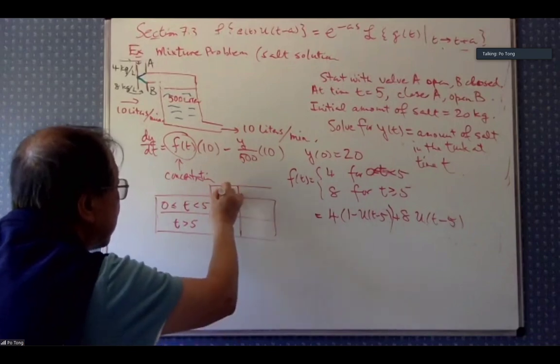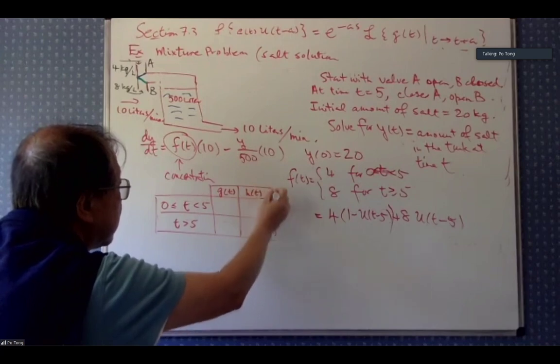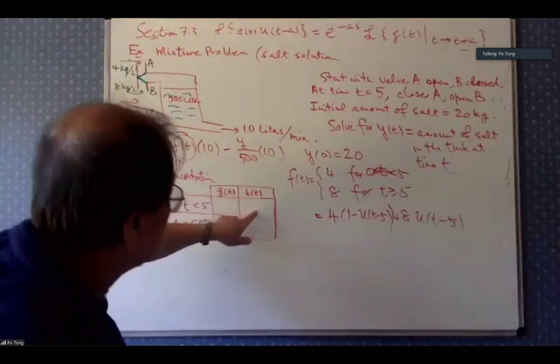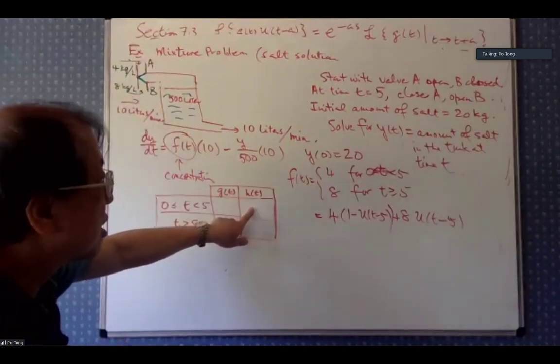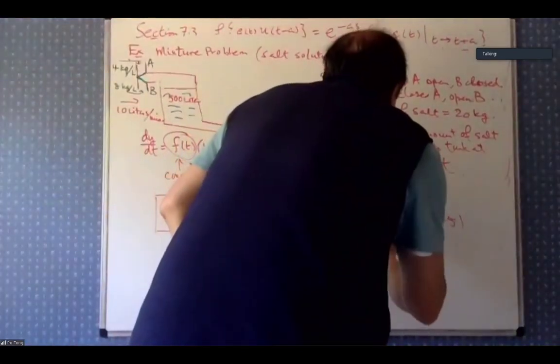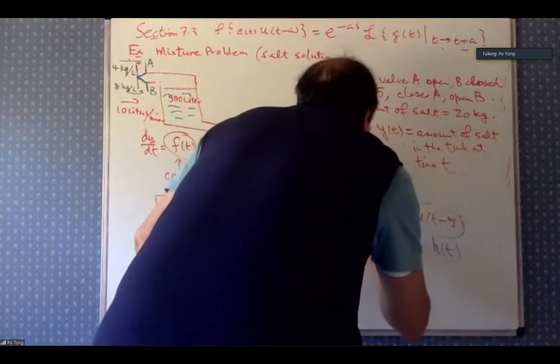One is called g(t), one is h(t). So what do I want? This is h(t). This is g(t).